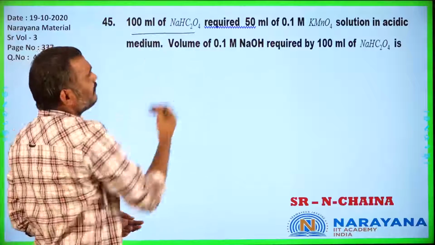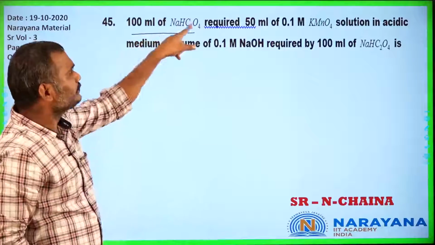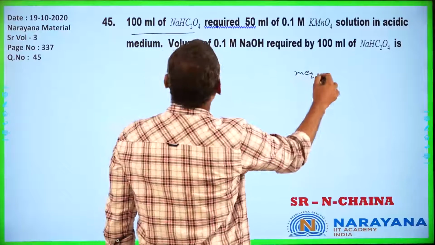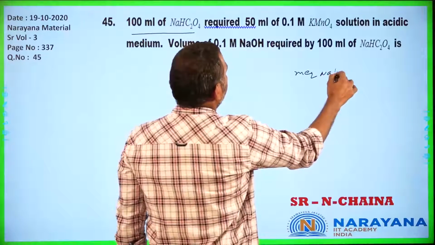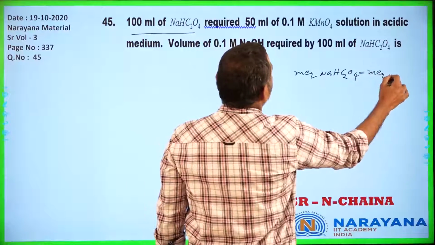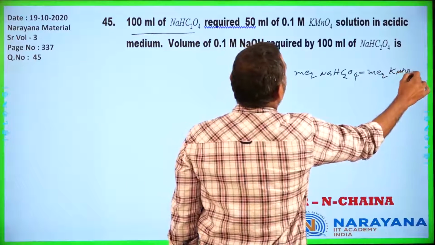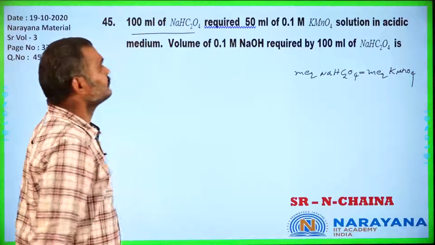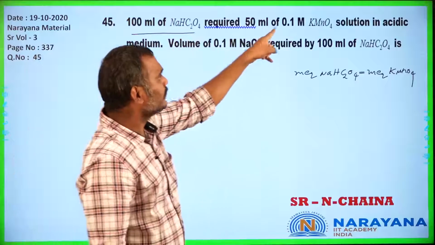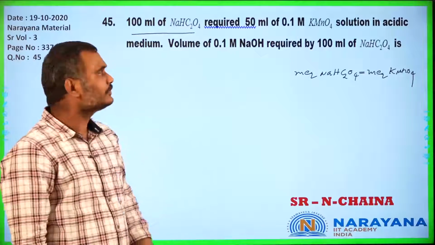First, they have given the volume. Milli equivalence of NaHC2O4 is equal to milli equivalence of KMnO4. Yes or no?